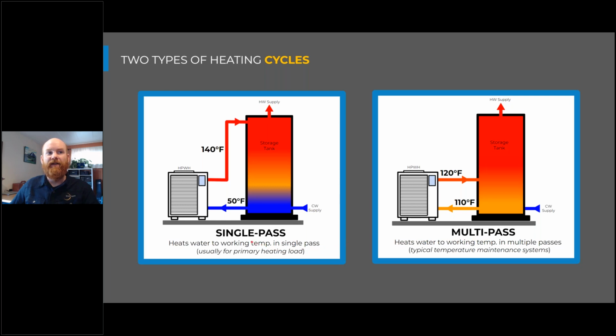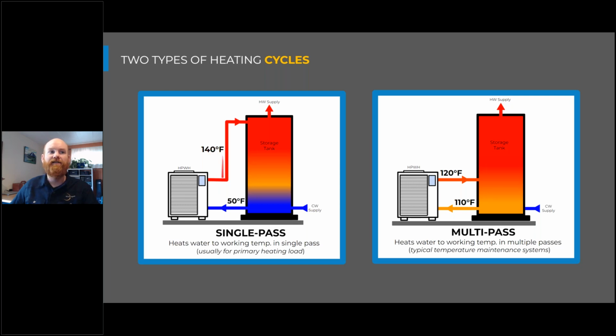Single pass means that we take the water at whatever temperature it's coming in at, typically around 50 degrees, and within one single pass through the heat pump, it's going to come out at 140 degrees or above our usable temperature. 120 is typically the temperature we're sending out to those building fixtures. So within one single pass, we've heated the water up all the way, or in this case, we've overheated it a little bit, and that's totally fine.